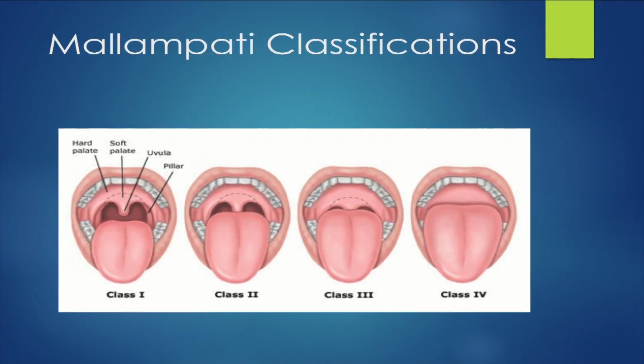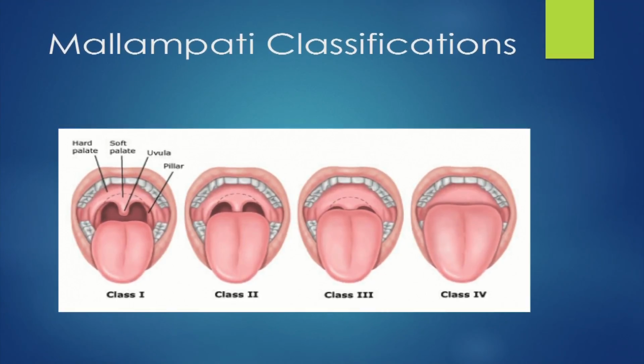So let's move on to these illustrations. If we look at the illustration on the left, Mallampati Class 1, you can see the entire uvula, you can see the end of the soft palate, and the airway is significantly open. Mallampati Class 2, about half the uvula is covered, but you can still see a significant portion of the airway, and you can see the end of the soft palate.